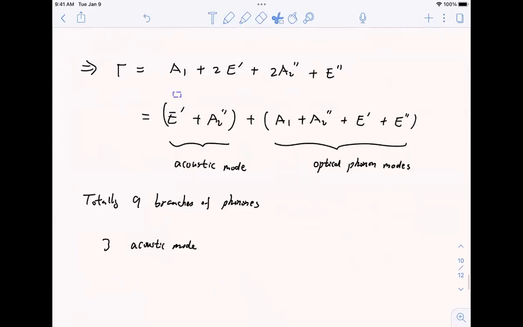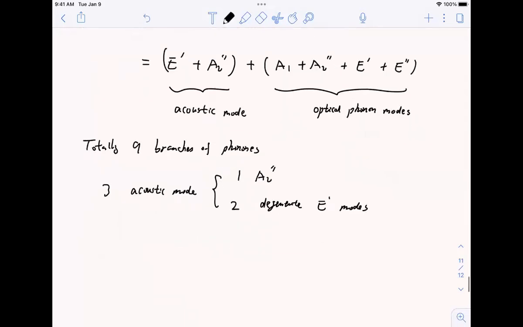And you already know that 1 is A2. The other 2 are degenerate. Okay. Then you have 6 optical modes.